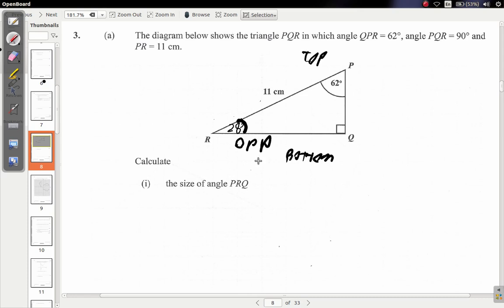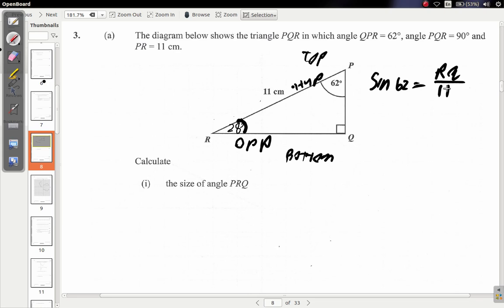It is opposite the angle because it is at the bottom of the triangle. So here, we have the hypotenuse already, so we say sine. The sine of 62 equals the opposite, RQ, over hypotenuse 11.